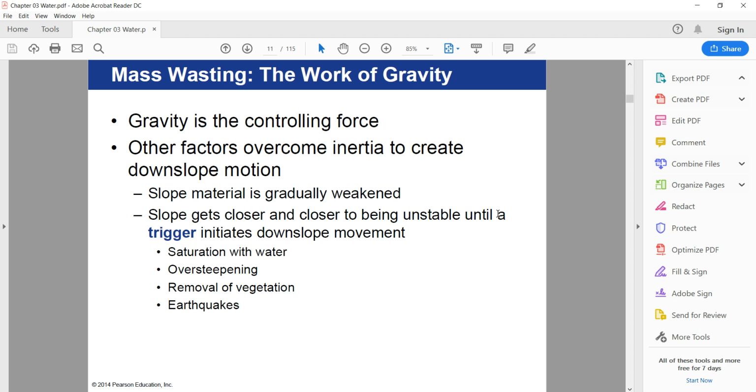There are other factors which work in the background, but gravity is the main factor, working around the clock. Slope material is gradually weakened by these other factors, and one of them is saturation with water. Others are over steepening, removal of vegetation, and earthquakes. So these are the main triggers that can initiate mass wasting.